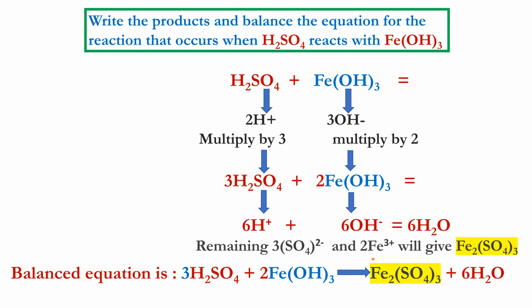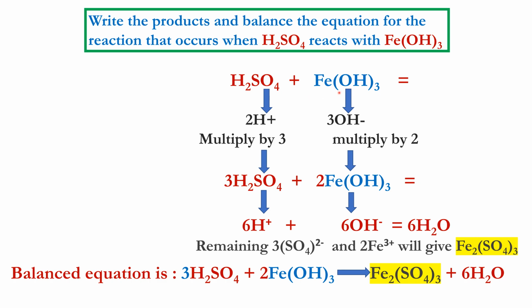So the balanced equation is 3H2SO4 plus 2 molecules of iron 3 hydroxide gives iron 3 sulfate plus 6 molecules of water. This is the balanced equation for the reaction that occurs when H2SO4 reacts with iron 3 hydroxide.